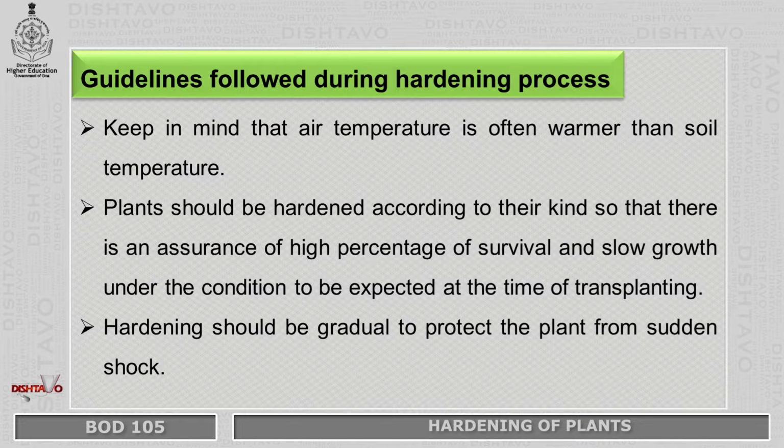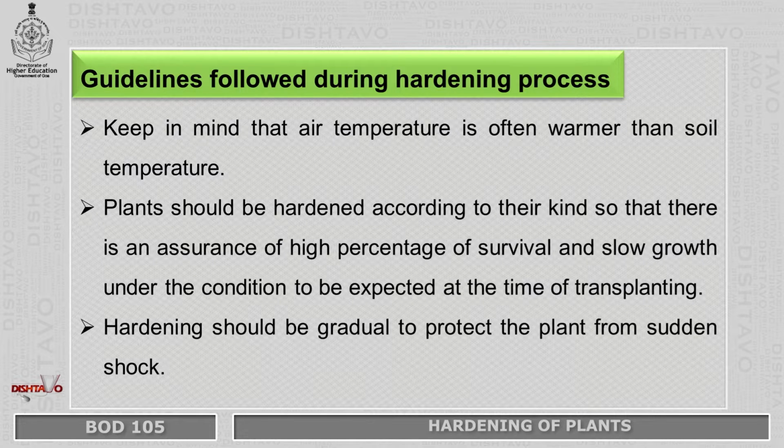Let's learn the guidelines which are being followed during hardening process. You have to keep in mind that air temperature is often warmer than soil temperature. Plants should be hardened according to their kind so that there is an assurance of high percentage of survival and slow growth under the condition to be expected at the time of transplanting.